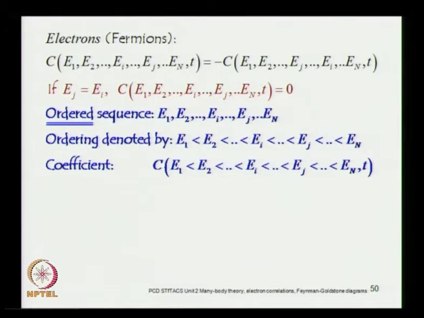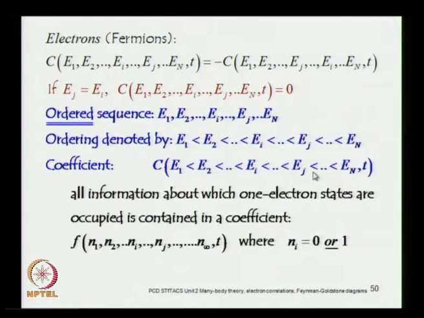So, there is a certain ordered sequence of single particle quantum numbers, and these coefficients also have these arguments, the single particle quantum numbers E1 through En, and they are also arranged in the same order. So, all the information about the single particle states is now contained in a coefficient which tells us which single particle states are occupied and which are empty.